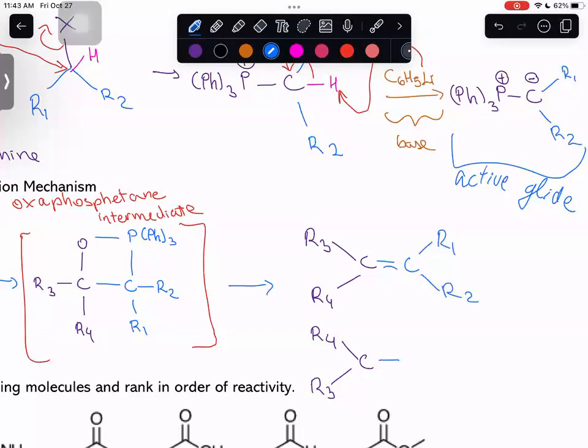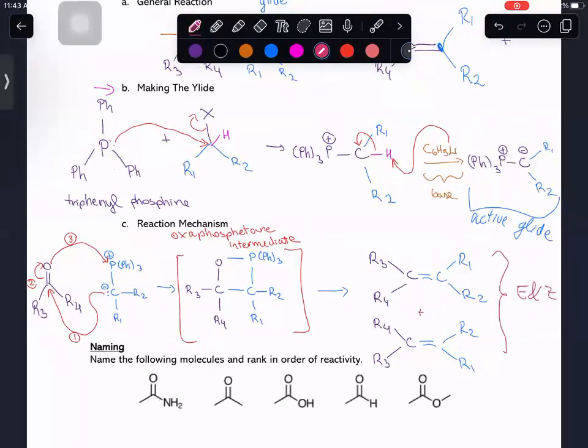R2, R2, R1. So at this point, that's how you form both E and Z isomers. Okay. Questions on the mechanism?